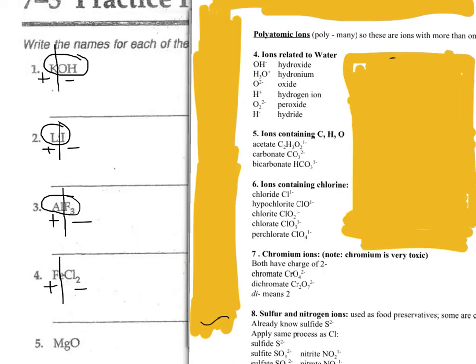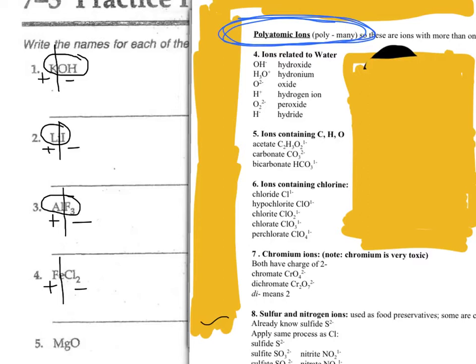If you have more than 2, that means you probably have a polyatomic ion. And polyatomic ions require you to look at the gold sheet, unless you have memorized them, which a lot of people do pretty quickly.